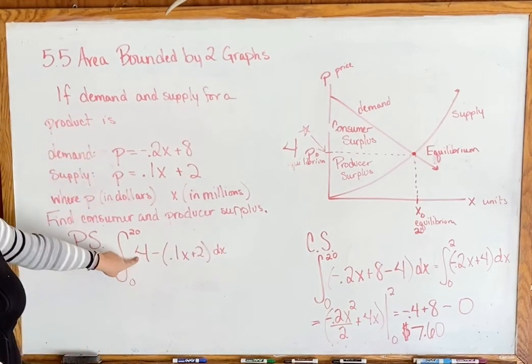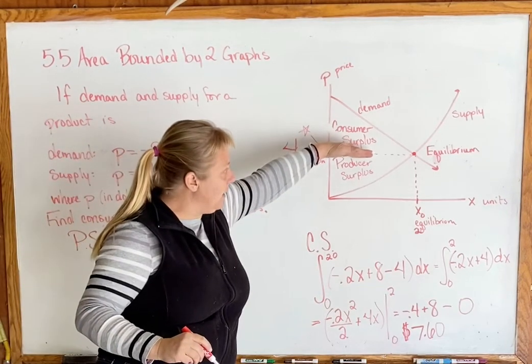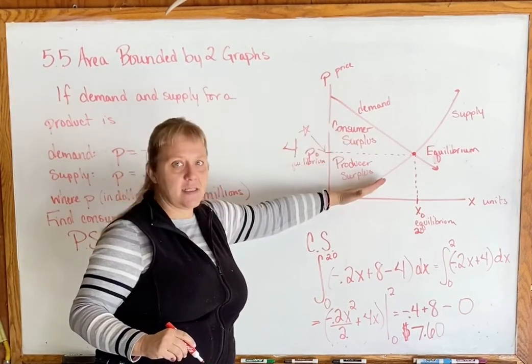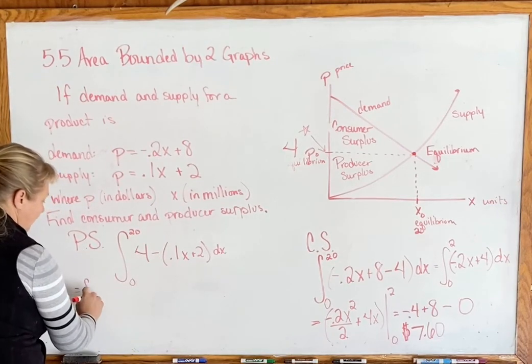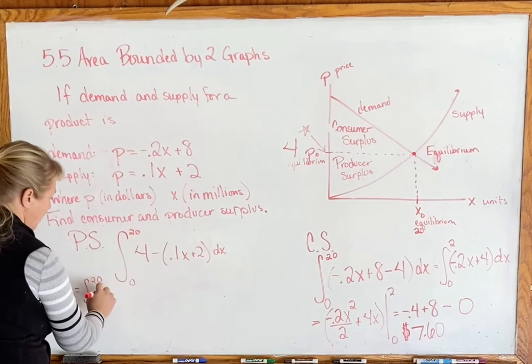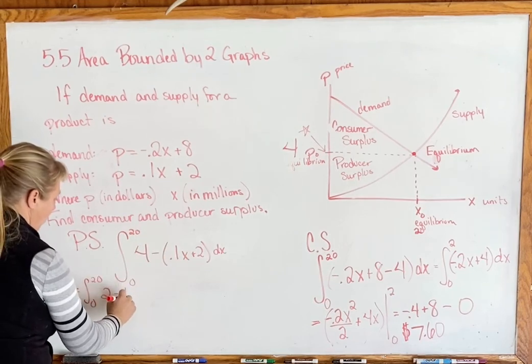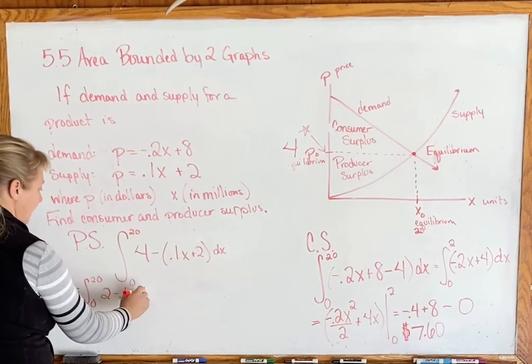Okay, so this time the 4 comes first because it's the higher of the boundaries, and then this is the lower one. So again, when we simplify here, we have the integral from 0 to 20 of 2 minus 0.1x dx.